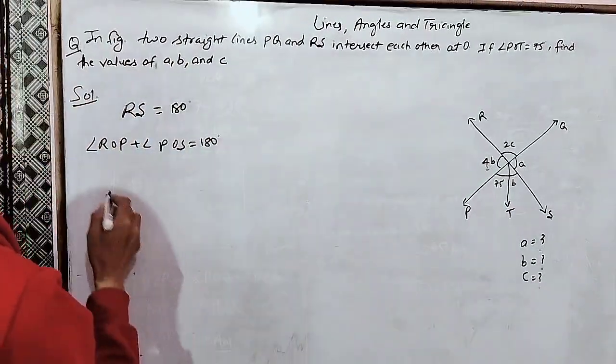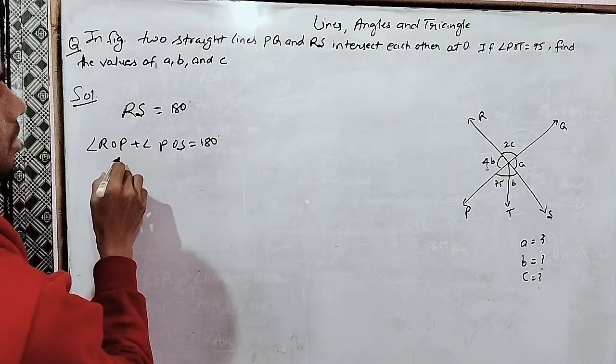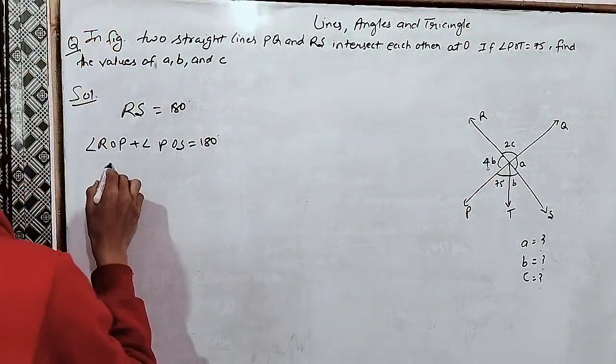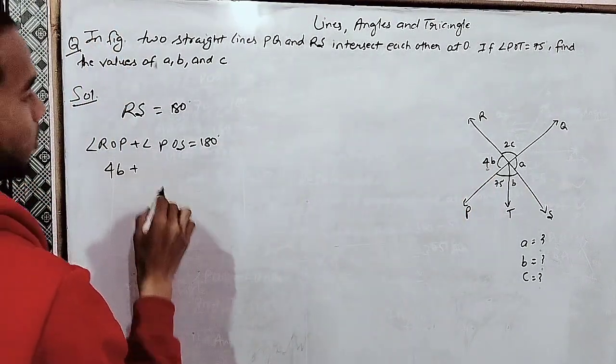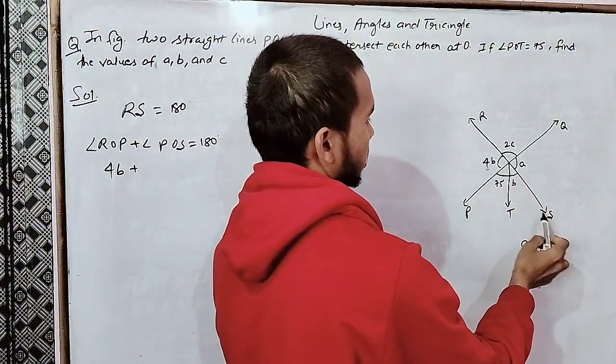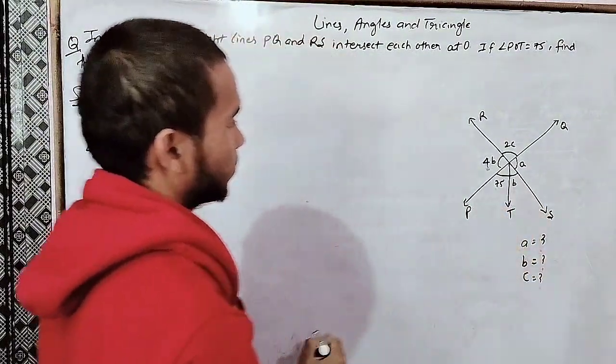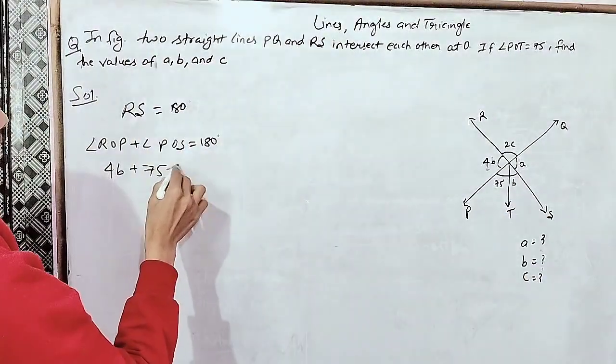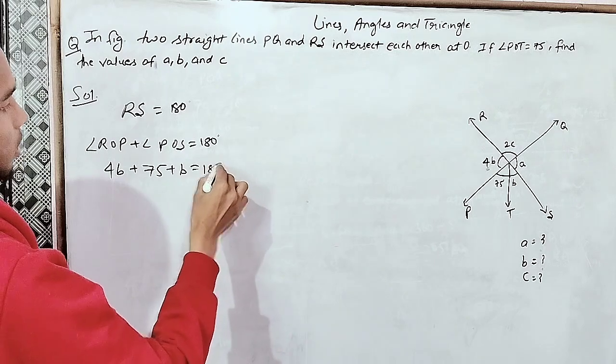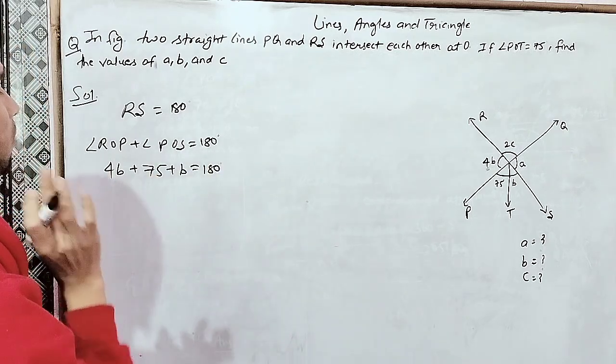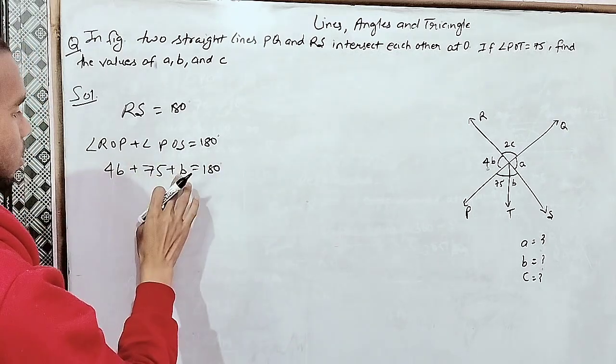Now the value of this is 4B. Now the value of POS is 75 plus B, which is 180 degrees.